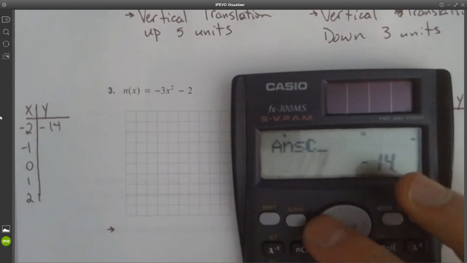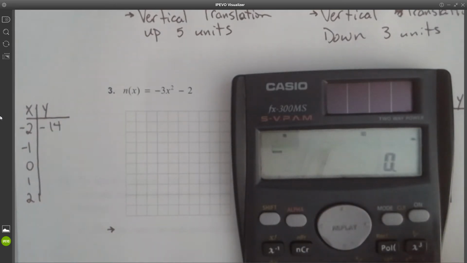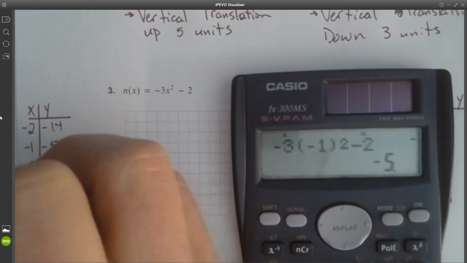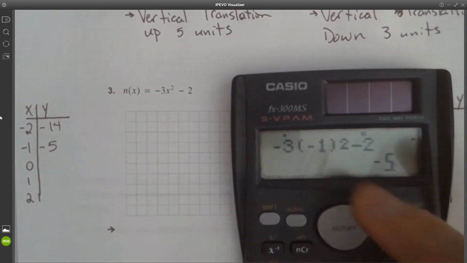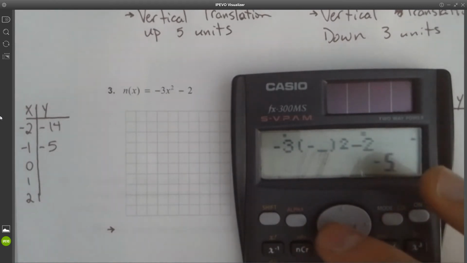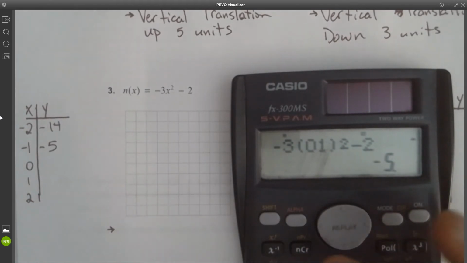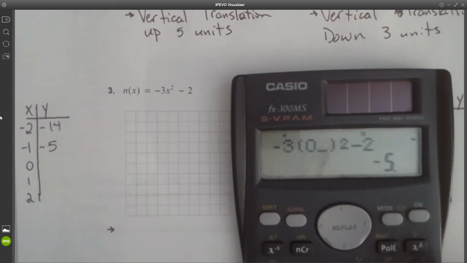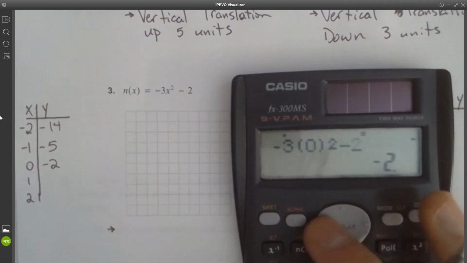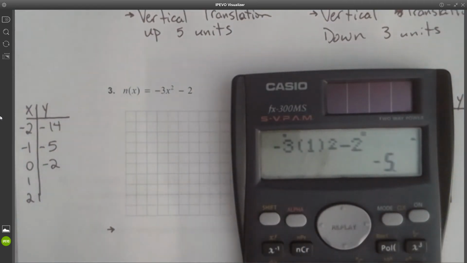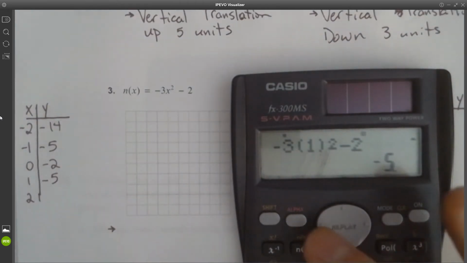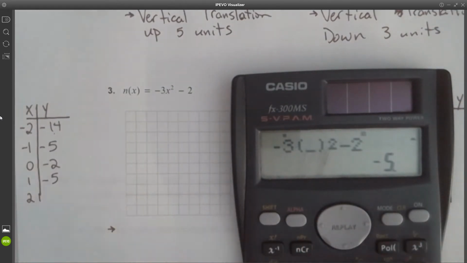Next one, negative 3 parentheses negative 1 in place of x squared minus 2. So negative 5. And if I continue working down, replace with 0, I get negative 2. Replace with 1, I get negative 5 again. And if I replace with 2, I should see negative 14.